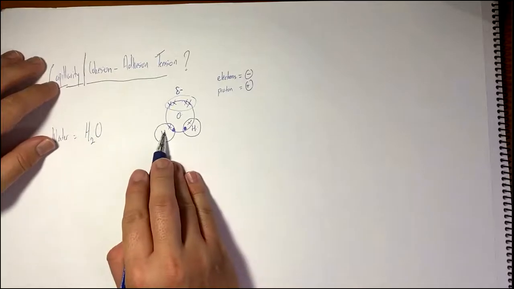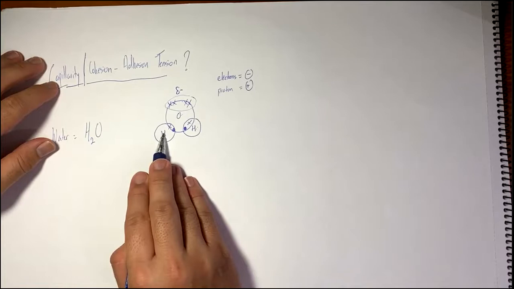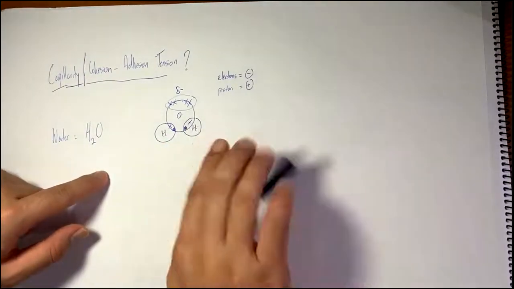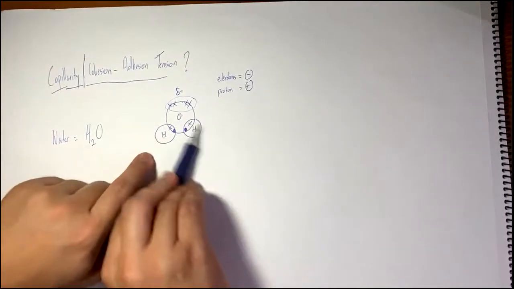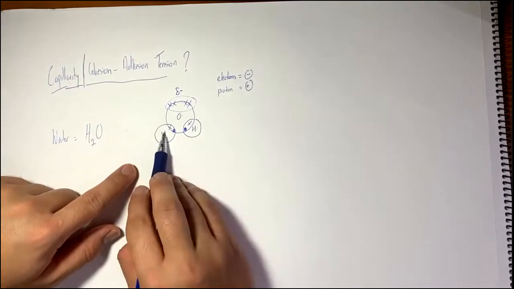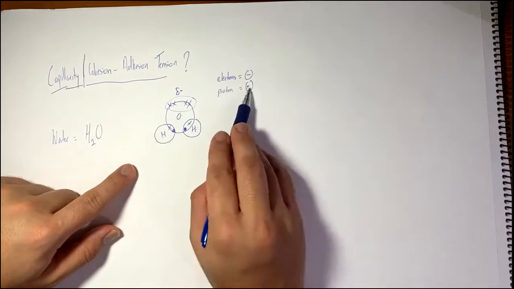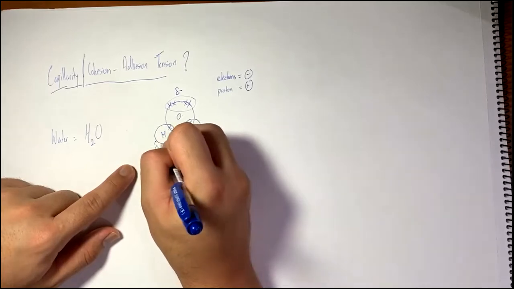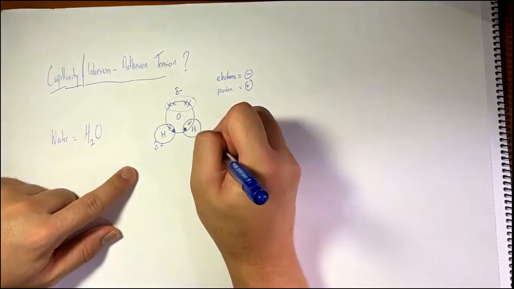And at the region here, the electrons are towards the center and the nucleus is facing more to the outside. The nucleus contains protons, and protons are positive. So at the end here, you have a slight positive charge, delta positive, and here as well, delta positive.